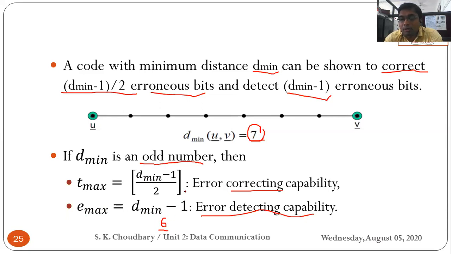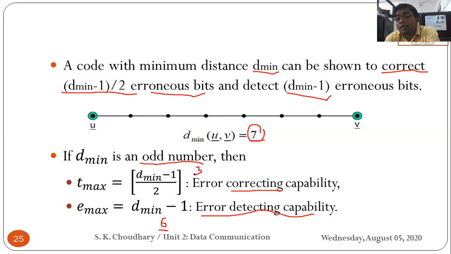And how many errors could be corrected? This is 7 minus 1 upon 2, that is 3 errors could be corrected. Out of 6 detected errors, 3-bit errors could be corrected. This is the capability of this code word.